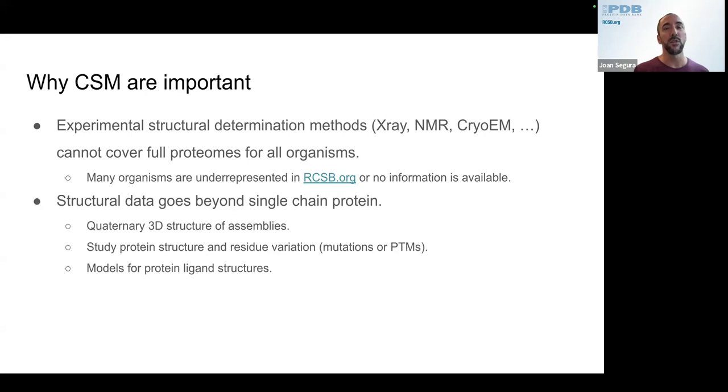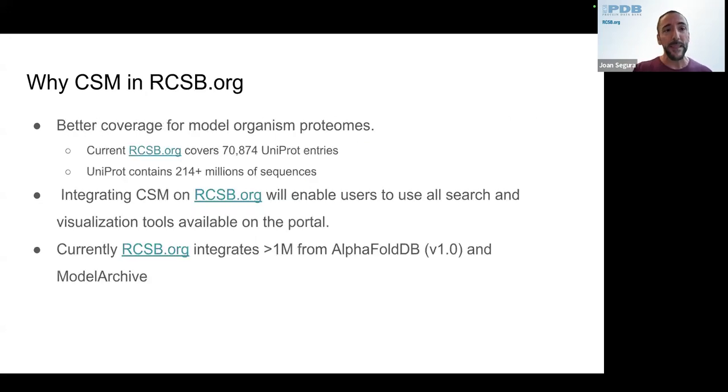And the amount of information that we'll be able to collect from these methods is going to be massive. There is no way that we can obtain information for all the possible complexes, or consider any mutation or post-translational modification that could happen in any protein, using experimental techniques.